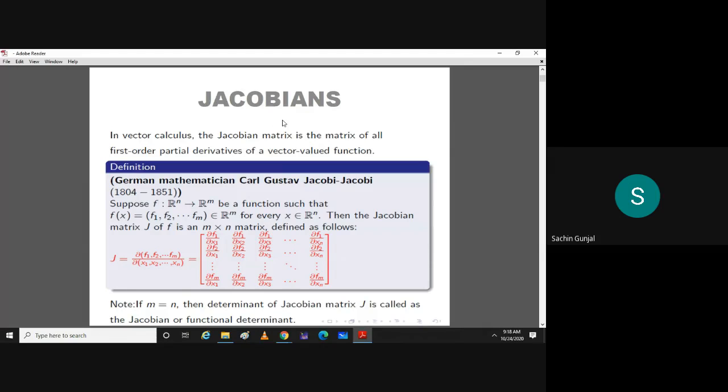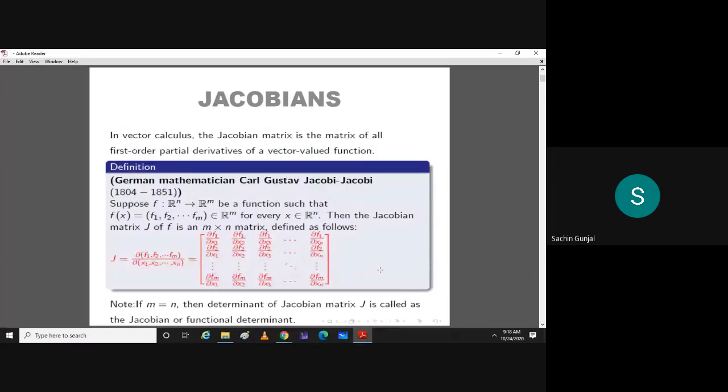So let us go to the first definition of 4th module, that is Jacobian, named after Jacobi, German mathematician. So basically it is determinant of partial derivatives.